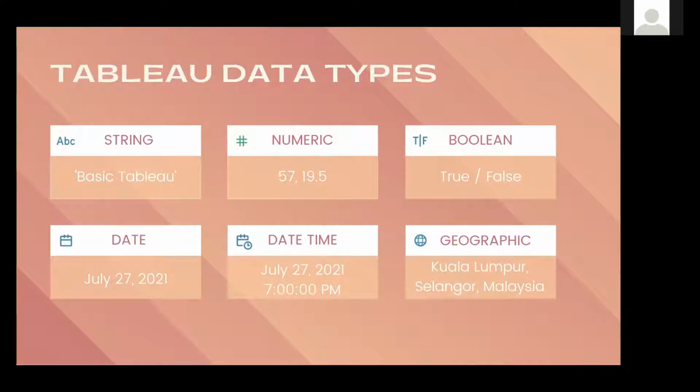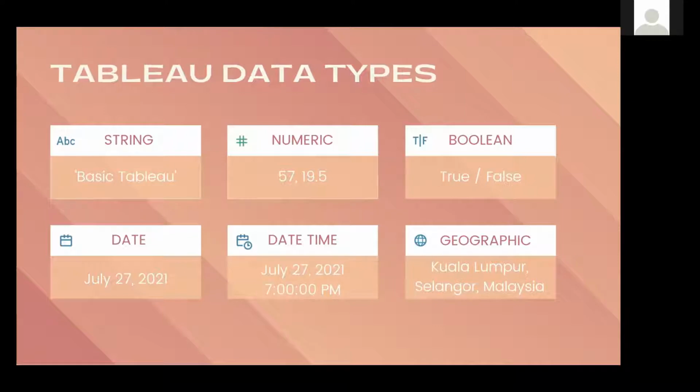And then numeric is basically numbers. It contains whole numbers and decimal numbers. And then Boolean is basically a condition. For example, I give you a statement: 5 is bigger than 6.